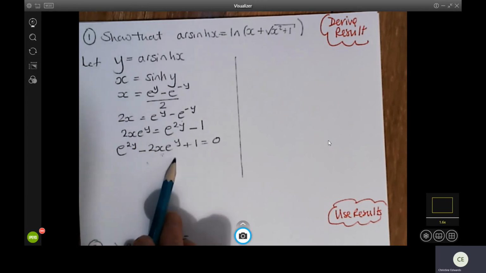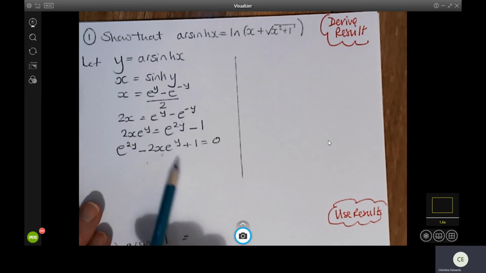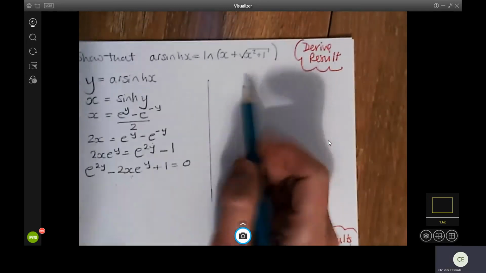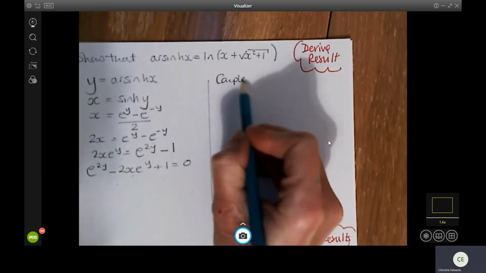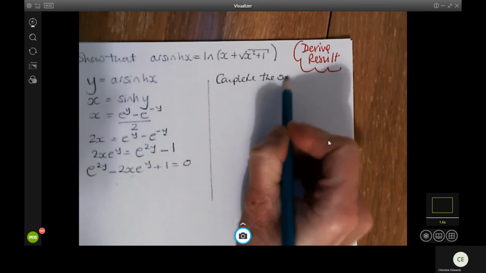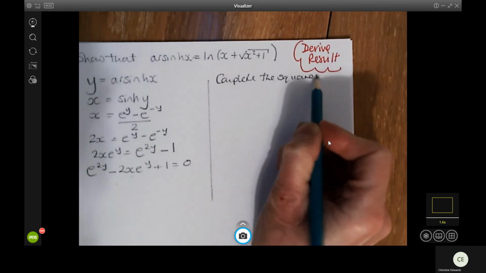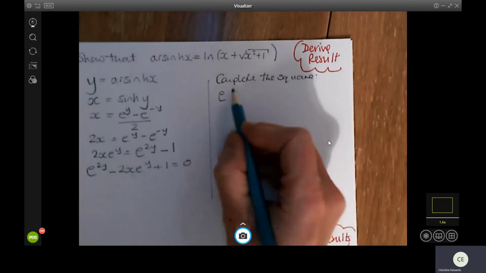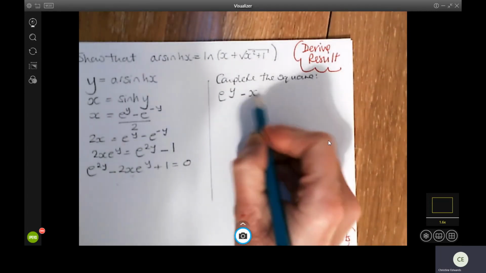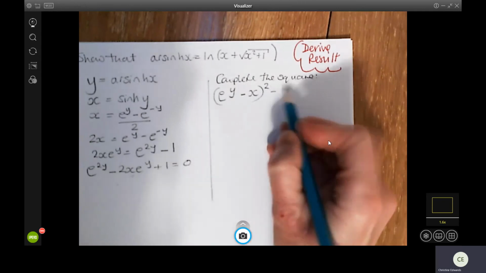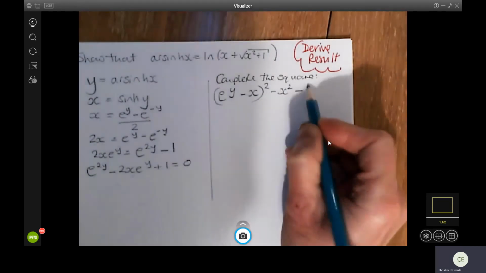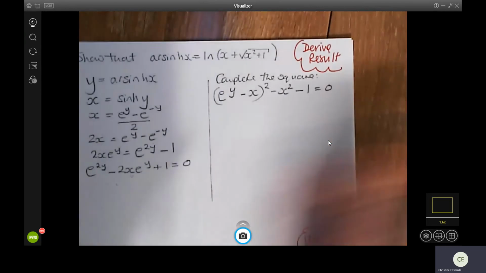Our technique in order to derive the required result is therefore to solve by completing the square. So let's complete the square. So we have e to the y minus x all squared minus x squared minus 1 equals 0.